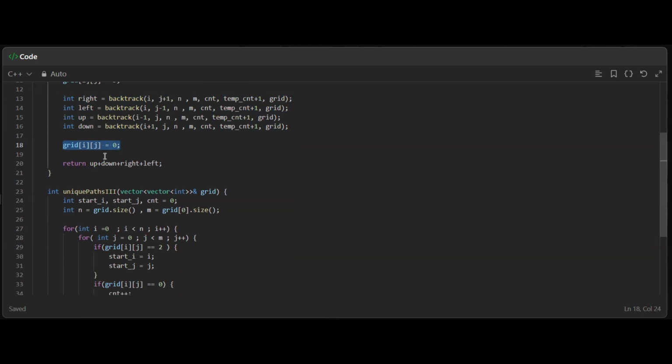So if we keep it visited, from any other call, it will not be possible that we can go through this path. So we have to make this cell non-visited again. And after that, we have to return the accumulated value of the 4 DFS calls from the 4 adjacent cells, which is up, down, left, and right.